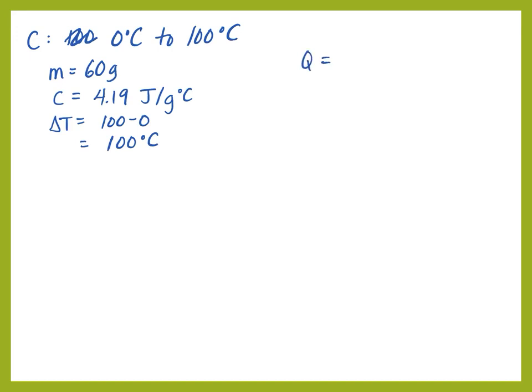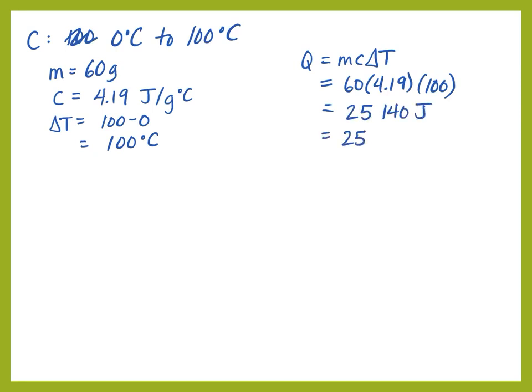So the amount of energy for that, Q equals m c delta T, 60 times 4.19 times 100, which is equal to 25,140 joules, or 25.1 kilojoules. Okay, so we're going to need that one later.